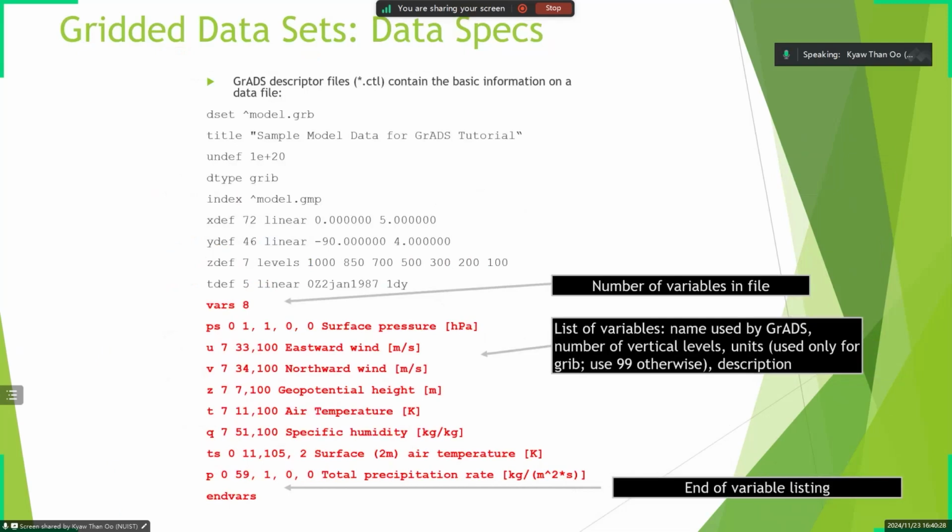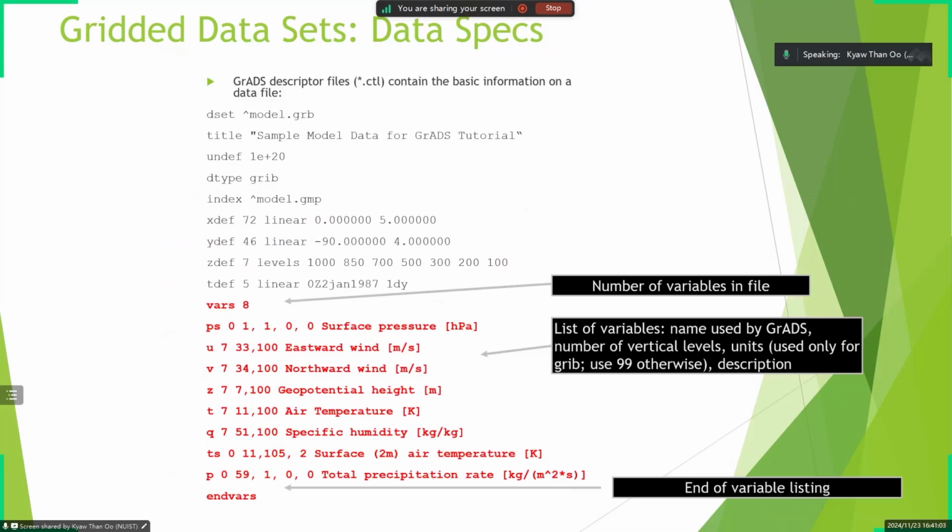The next part explains your variables. What are your variables? Here there is a variable PS, which means the surface pressure. Its unit is hPa. And U and V we already know, wind, zonal and meridional. And here, geopotential height. T is air temperature. And here you see, these two T's can be confused. But it's okay.